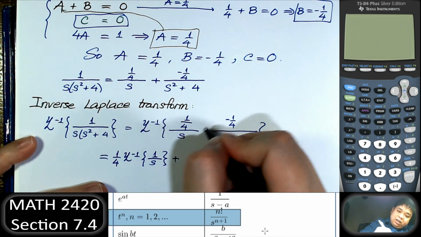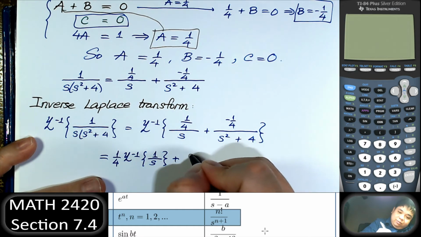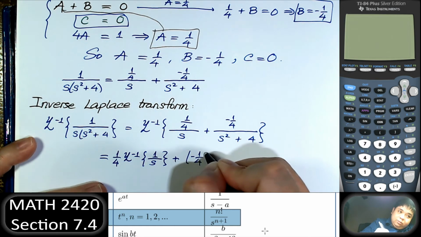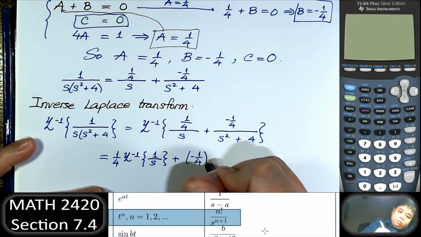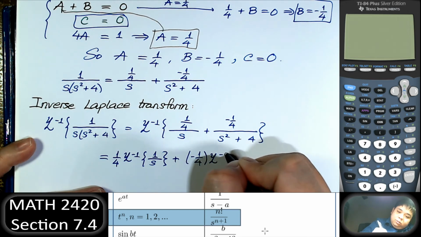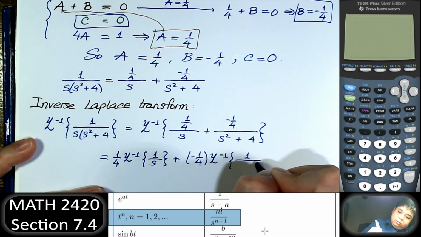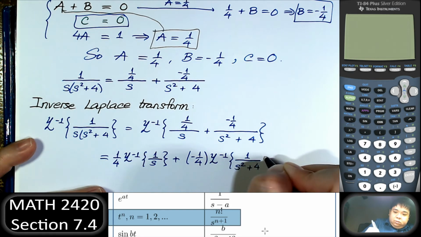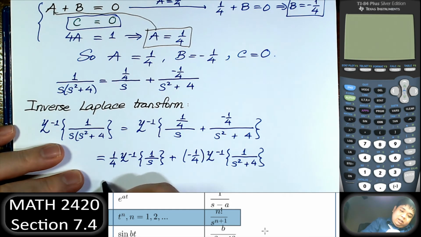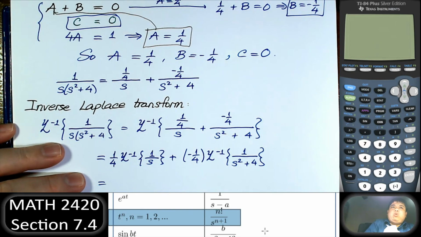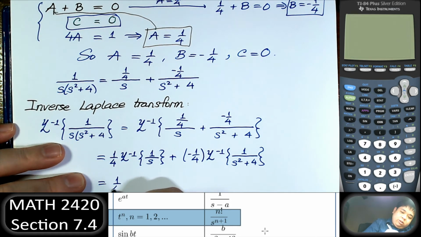And then split and take the negative 1/4 out. Right? So in that case, 1 over s, inverse Laplace transform is just 1, so we have 1/4.